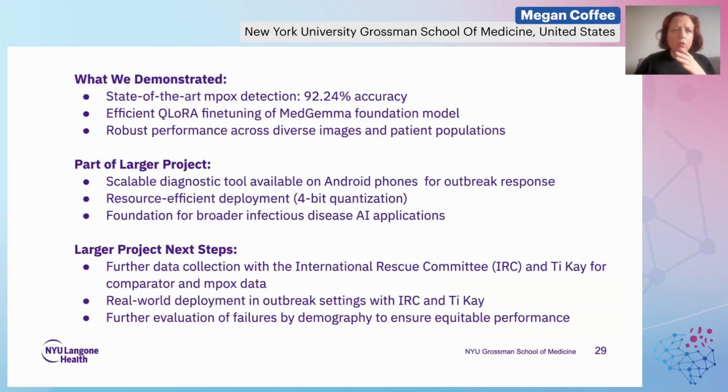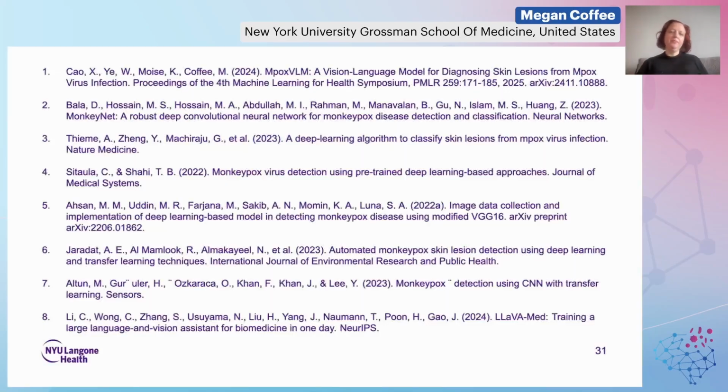And so, as you know, we've looked at the accuracy, the efficiency, and we really want to make sure that this is a lightweight model and hope that this can be a foundation for broader infectious disease, emerging diseases, and low resource settings, and that we will, with the IRC and also TCAI, continue to collect real comparator data and make sure it matches the real data that will come from settings so that this will be an effective tool. And that's really it.